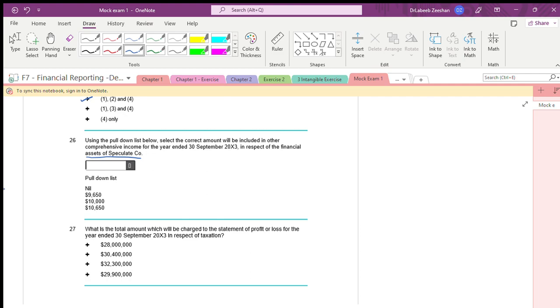Fine. Under the pull down approach, select the correct amount to be included in other comprehensive income in terms of financial assets.